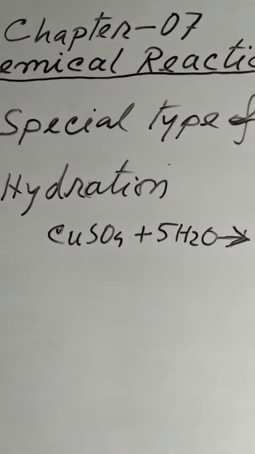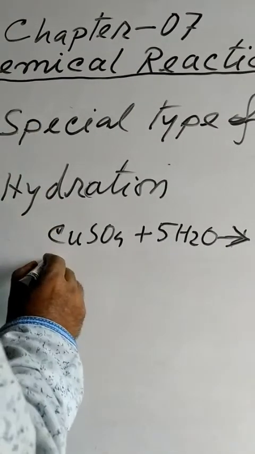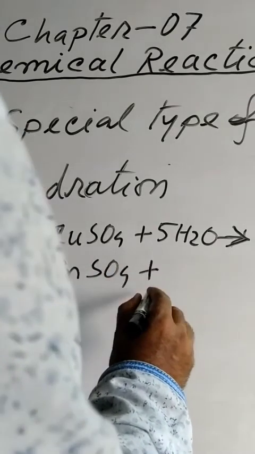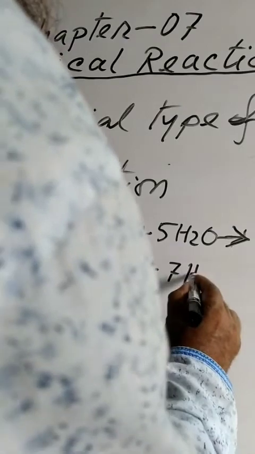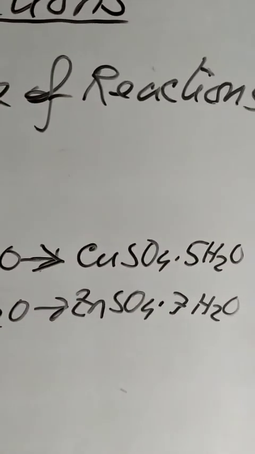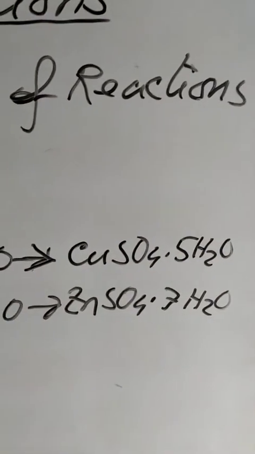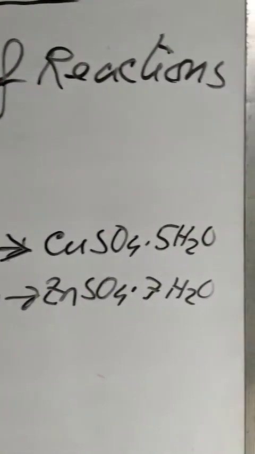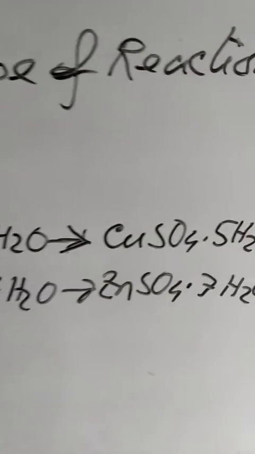Another example, zinc sulfate plus 7 molecules of water produces zinc sulfate with 7 molecules of water. Zinc sulfate is hydrated and forms a crystal of zinc sulfate.